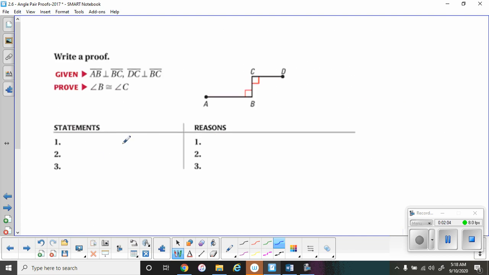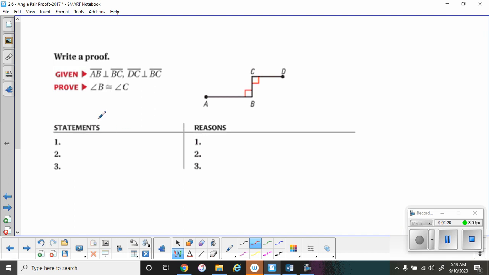Okay, here we go. So we always start with the given. AB, that symbol is perpendicular. DC, that symbol is perpendicular. So you can write your given in the same line or in different lines. It's completely up to you.